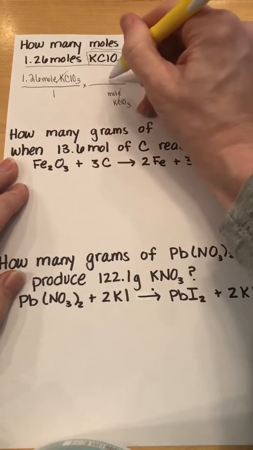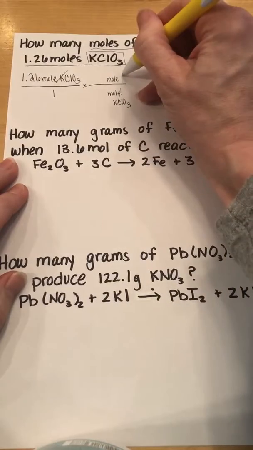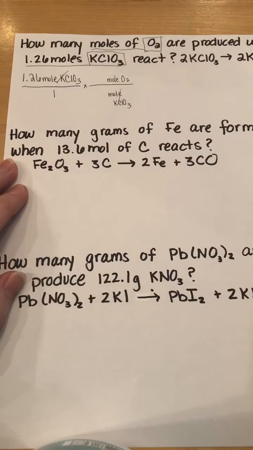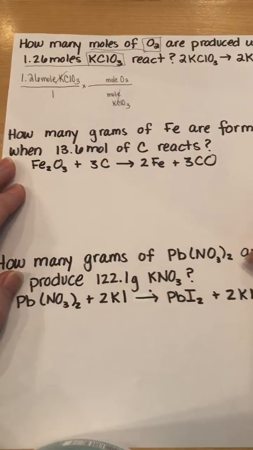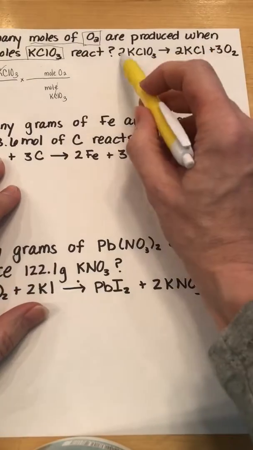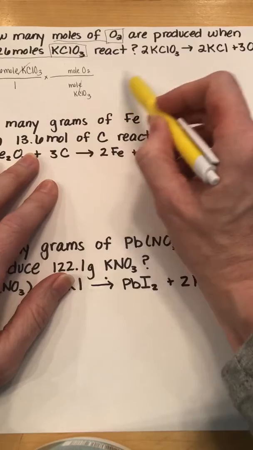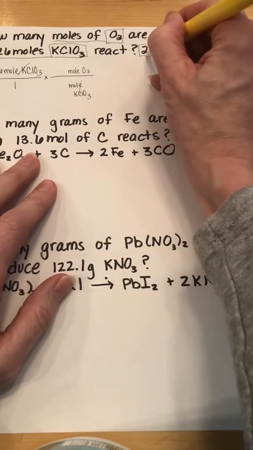So moles of KClO3 is going to be on the bottom, and what I'm converting to is going to be moles of oxygen. And the way I know what numbers are going to be put in here is I refer back to the balanced chemical equation. For moles of KClO3, I'm going to find KClO3 in my equation.